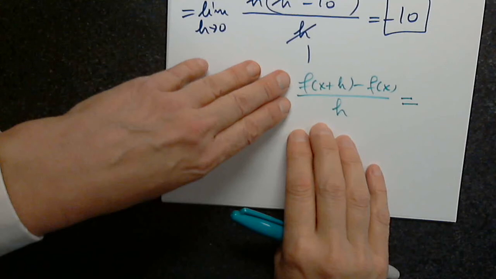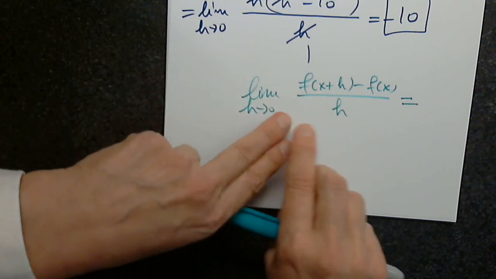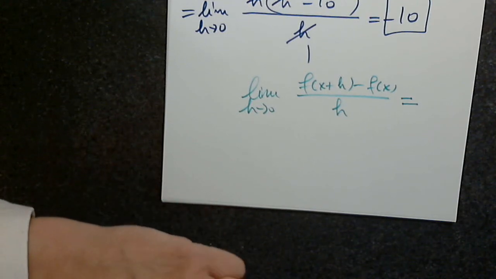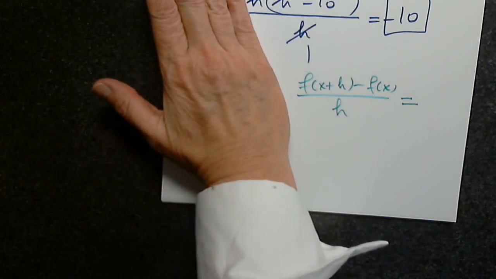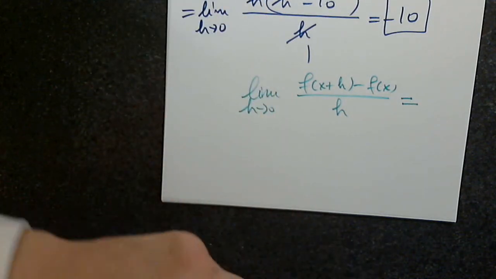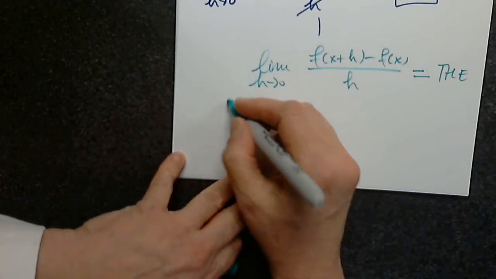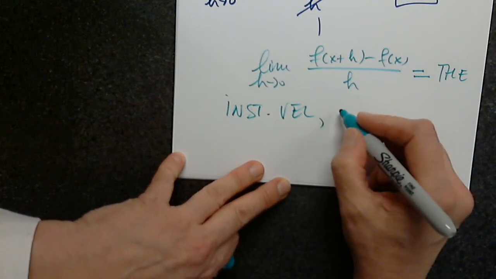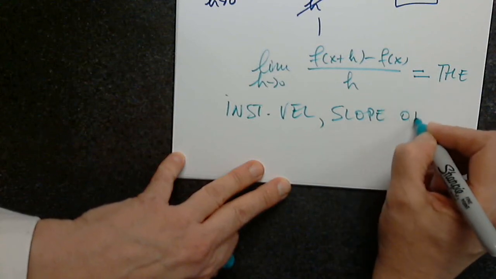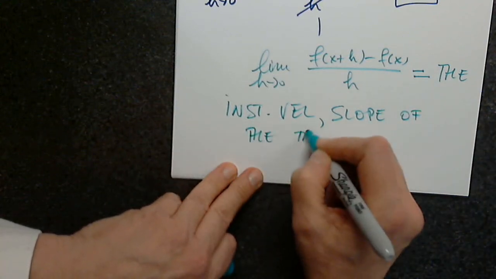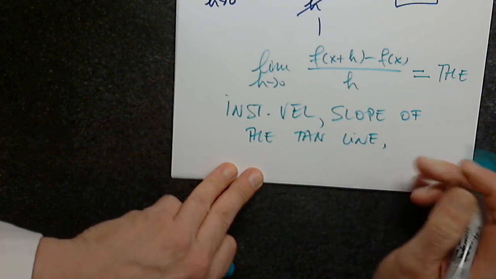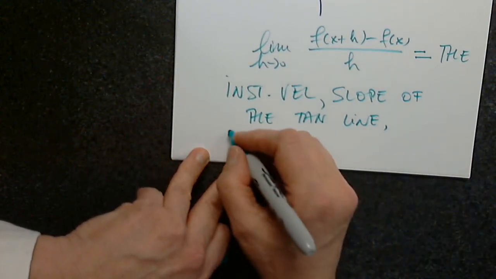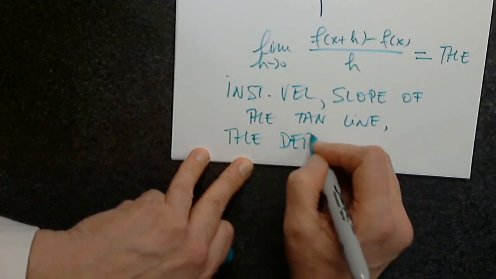What do you think now will happen when I put this operator in front of the difference quotient? Without this, close. But with this it is definitely the instantaneous velocity if the function is a distance, or the slope of the tangent line, or, this is for later, the derivative function.